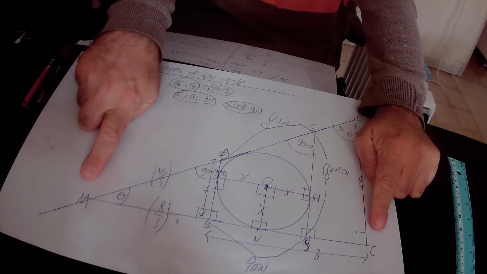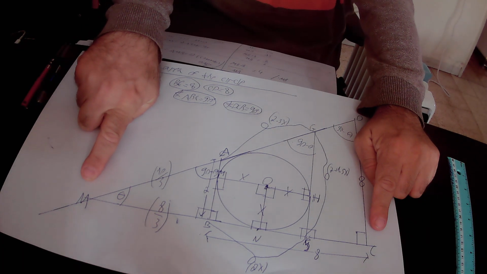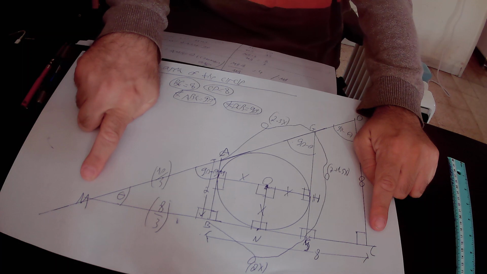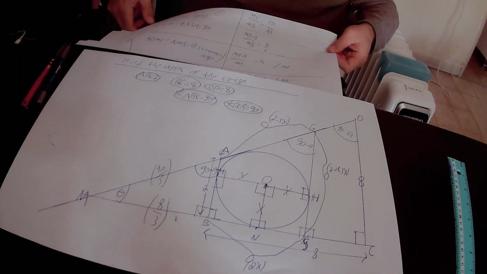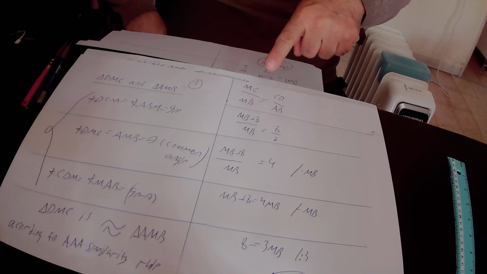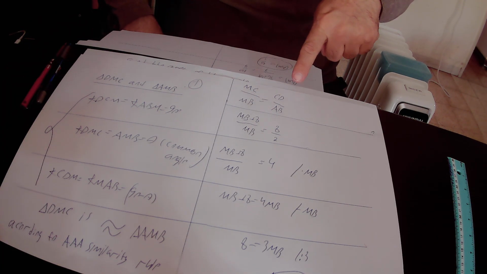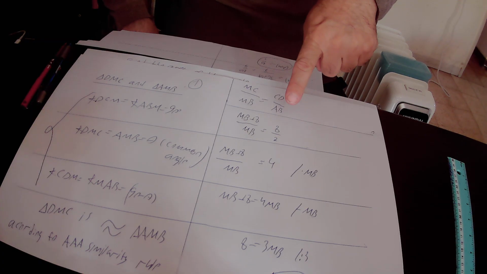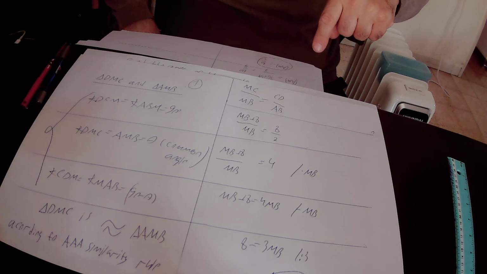From the drawing, it is very easy to see that MC equals MB plus BC, that is 8, so in total MC equals MB plus 8. So we substitute MC by MB plus 8 over MB, that equals CD, that is 8, over AB, that is 2.